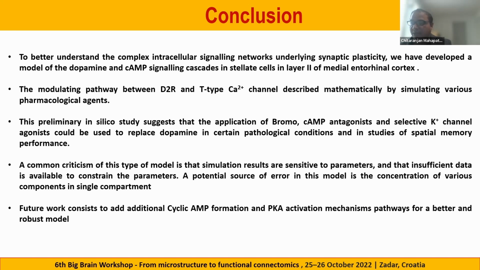That will cause pathological conditions, and to overcome this, we have also, figures are not added, we have also tried that if you decrease the potassium channel conductance, or if you increase the L-type calcium channel conductance, then we can recover this dopamine effect. That means we can use an agonist of the L-type calcium channel or an antagonist of the potassium channel to overcome this problem.